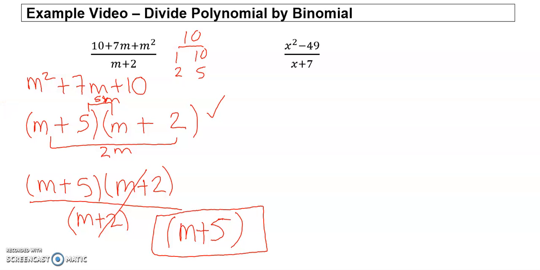Alright, so now on the left here I have x squared minus 49. So that's a difference of squares if you think back to the last chapter. So I know my factors of 49, I could write them all out. So I have 1 and 49.